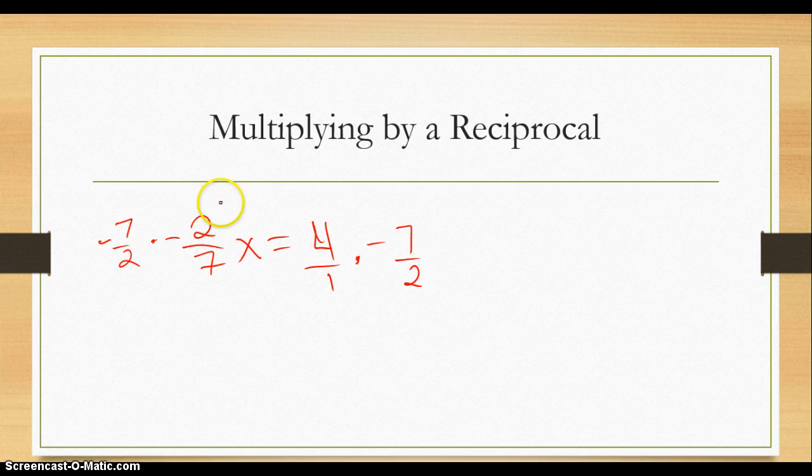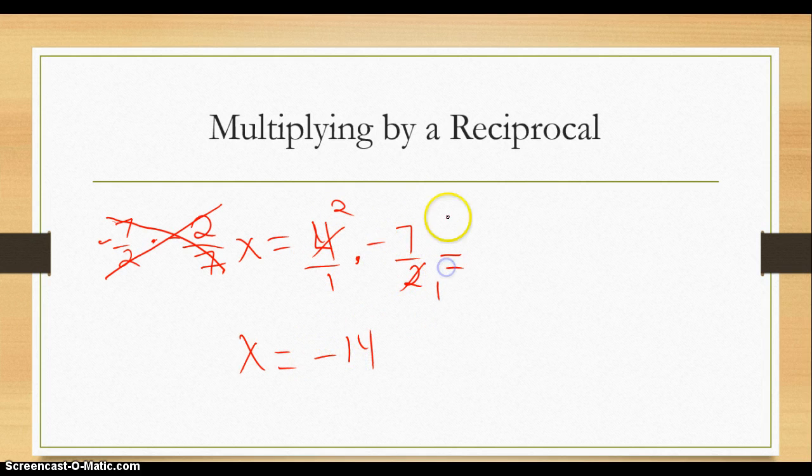When I cross reduce here, we're left with just x. Then I multiply across here, and 2 times negative 7 is negative 14. If you multiply it across without cross reducing, you get negative 28 over 2, which is negative 14. So double check, plug it back in to check your solution.